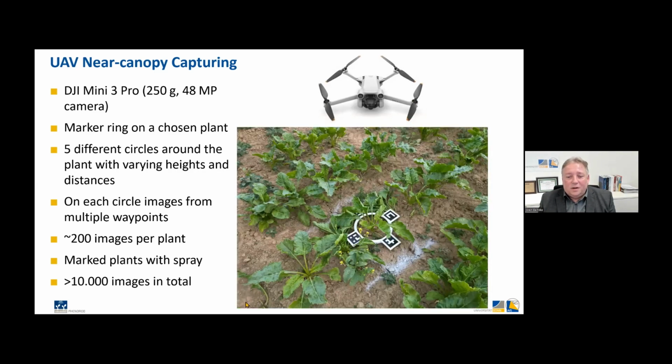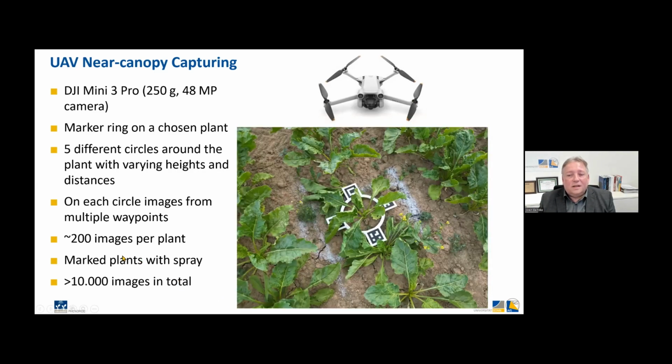You see here images captured around a plant of interest. So we fly in circles around that plant at different altitudes and make many pictures of the plant, so that we actually have on the order of 10 times more images per plant.